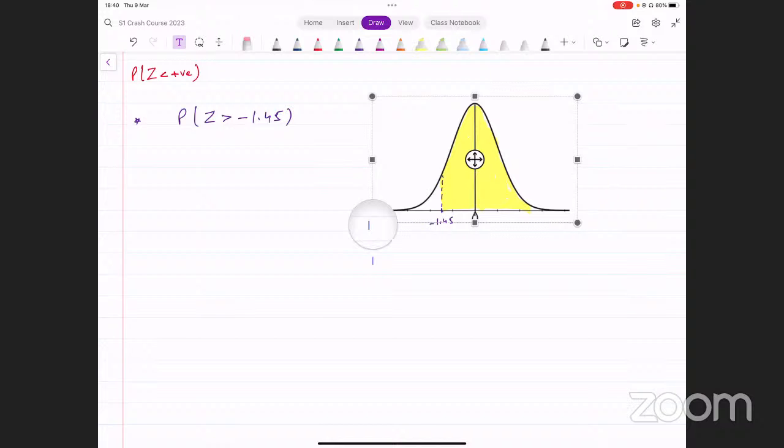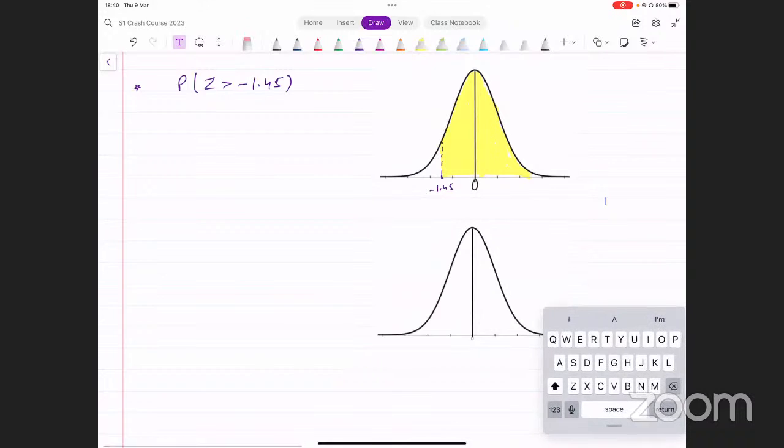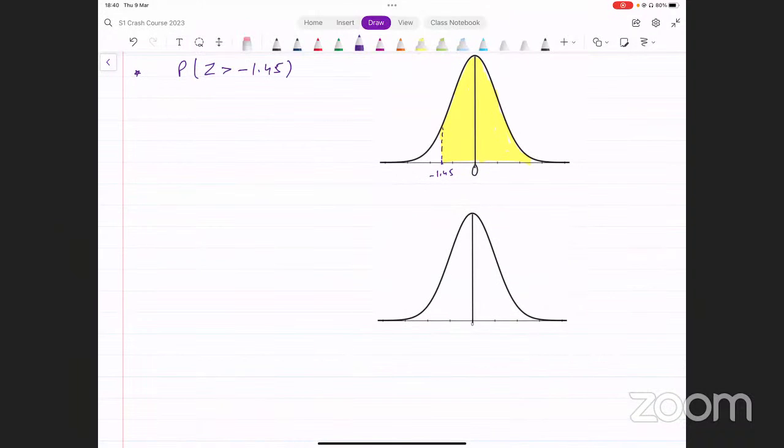Now, since we can't find this from the table, let's find this area instead. Rather than looking for the area to the right of minus 1.45, let's say we have a value positive 1.45 here. And you look for the area to the left of 1.45.